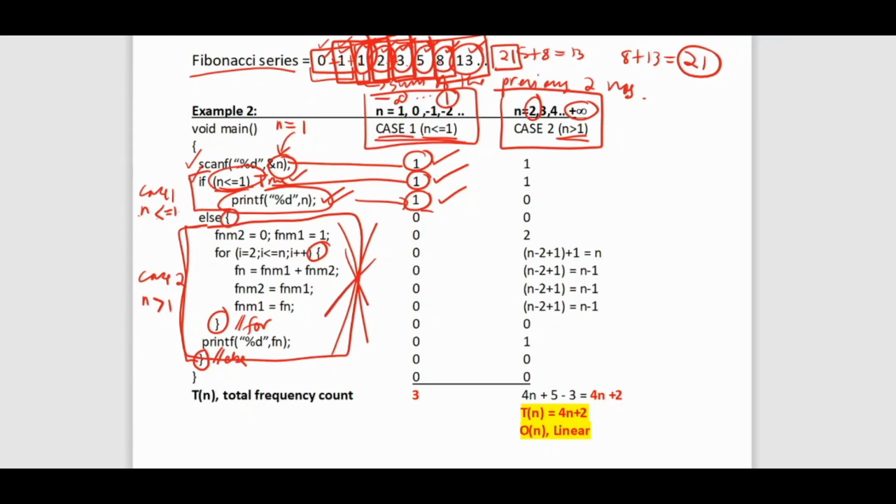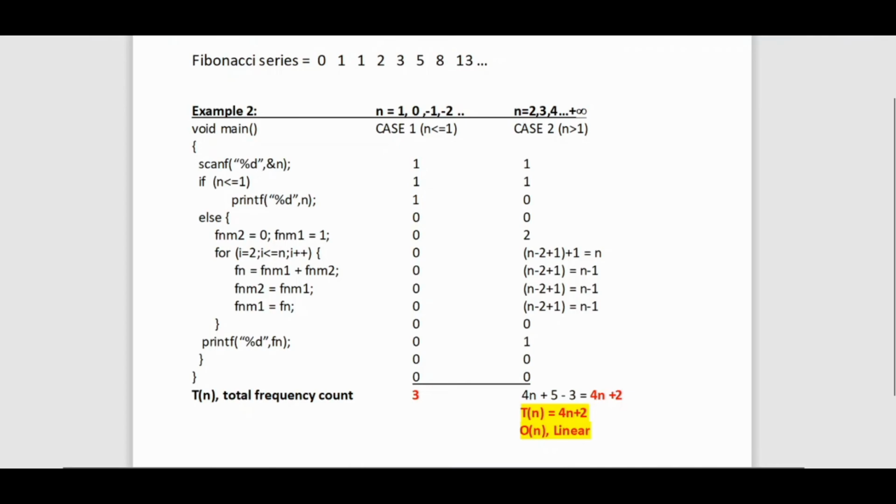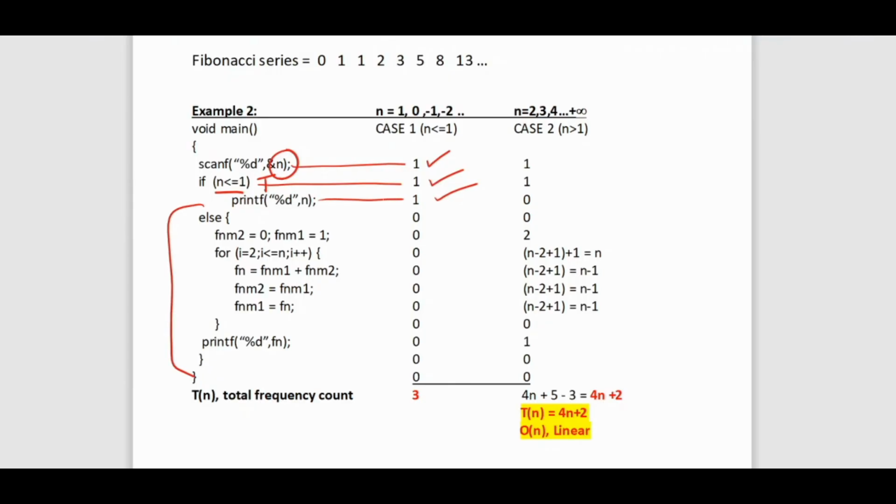That's why the frequency count of these lines is zero. So under case 1, this line has a frequency count of 1, and this line has a frequency count of 1. Since that is true, this has a frequency count of 1, meaning it is executed, and all the rest will not be executed, so they have a 0 frequency count.